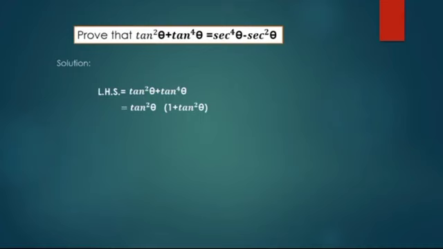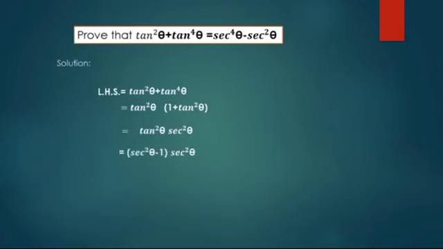From trigonometric identities, 1 plus tan square theta is equal to secant square theta. So that tan square theta into secant square theta. With help of trigonometry identities, we can write tan square theta as secant square theta minus 1.